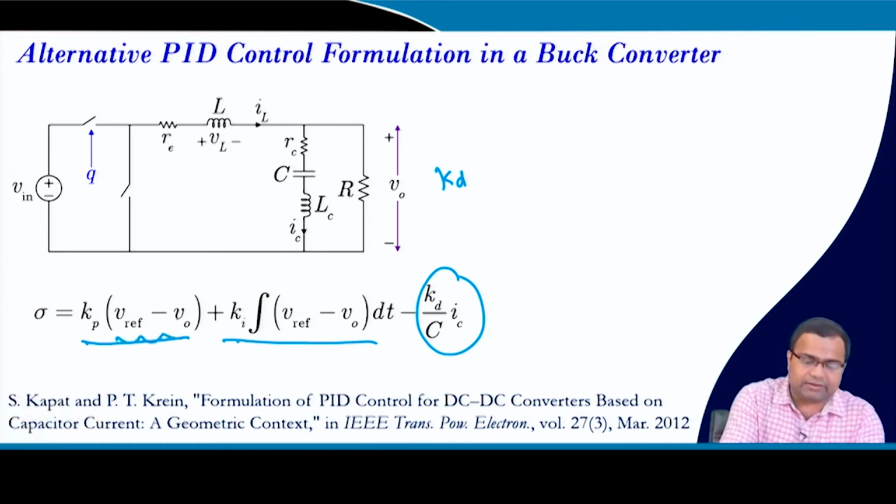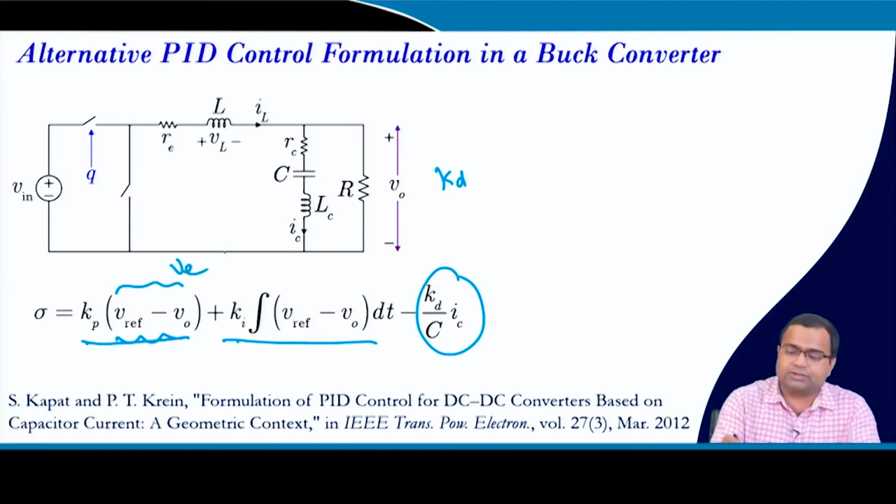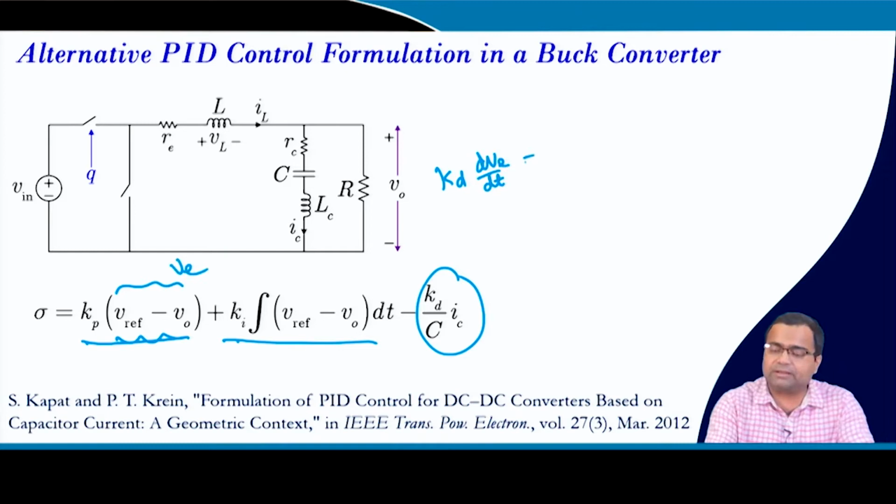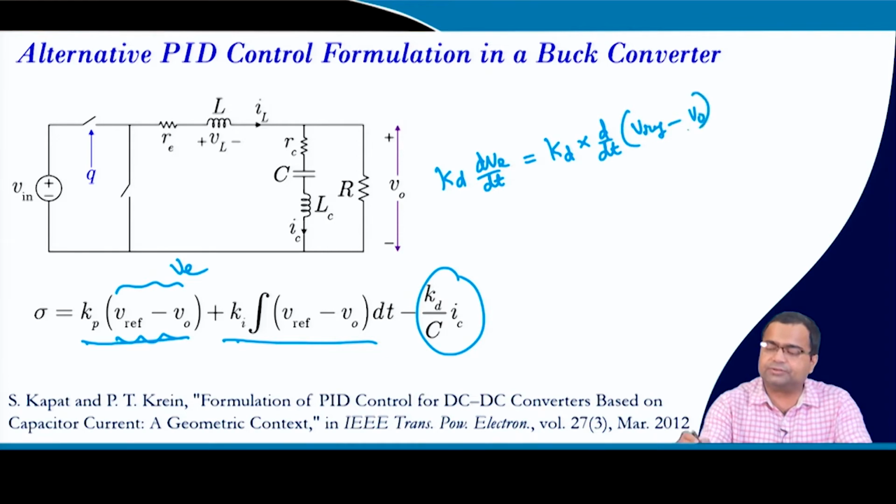So, this is our error voltage. We took Kd dVe/dt, that means Kd times d/dt of (Vref minus V0), and it is simply minus Kd dV0/dt.